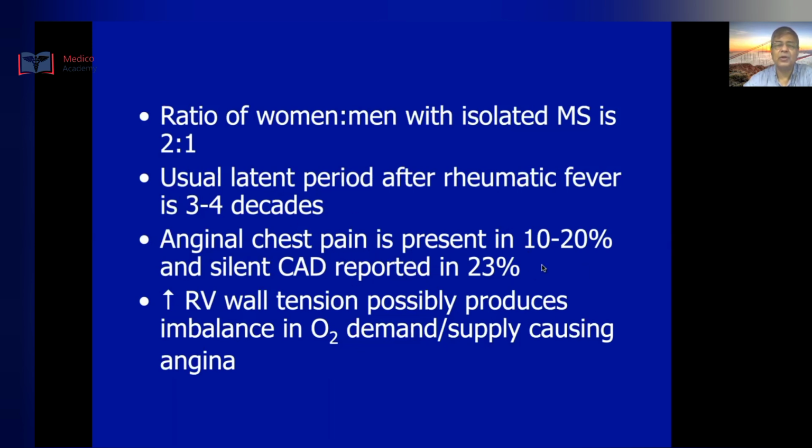This is more so in patients in the Western world where mitral stenosis is more of senile origin. There's an increase in the RV wall tension, which possibly produces an imbalance between oxygen demand and supply, which causes angina in patients of mitral stenosis. It's not due to coronary artery disease per se, but due to a disturbance of the oxygen demand and supply.